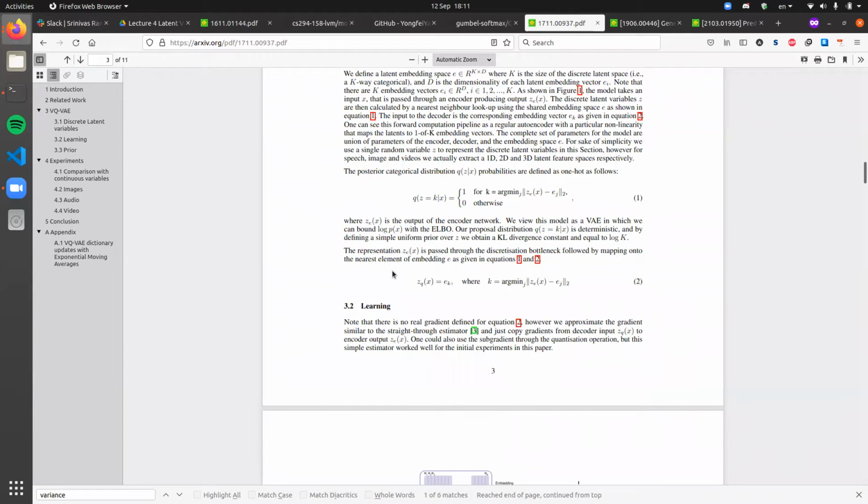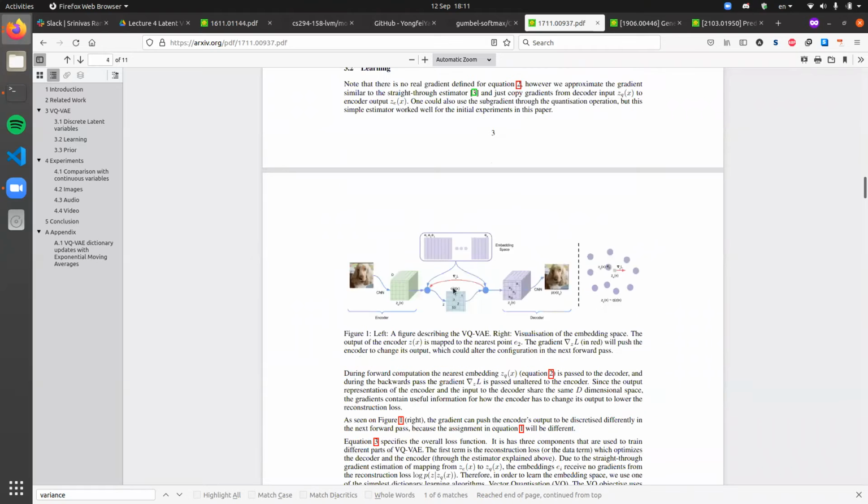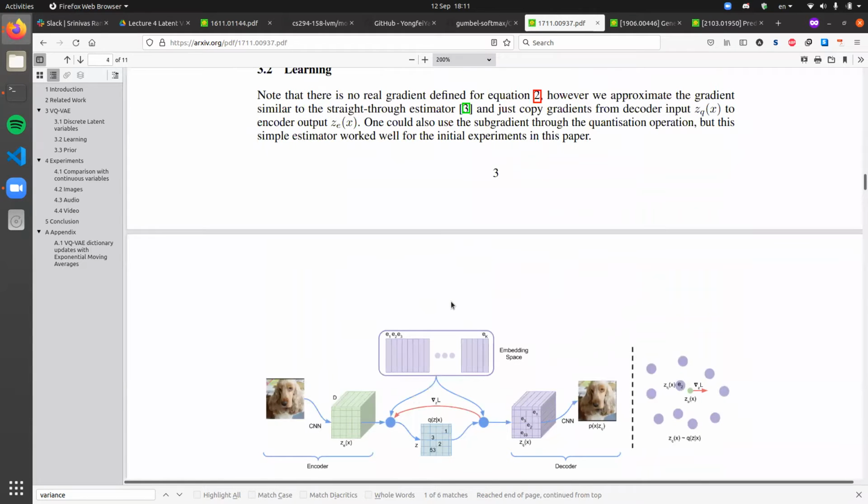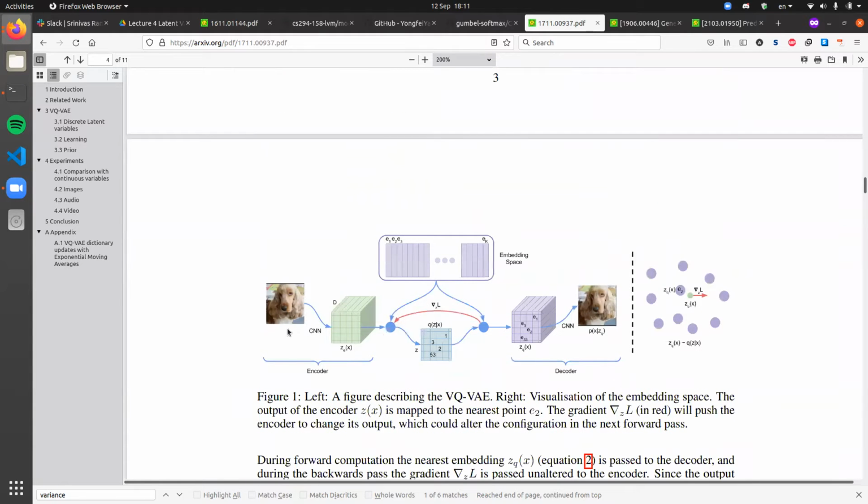Okay, so let's look at how it would be in this representation. Sorry, when you say in the code, you mean as output of the code book? So the code book here is basically an embedding, right?